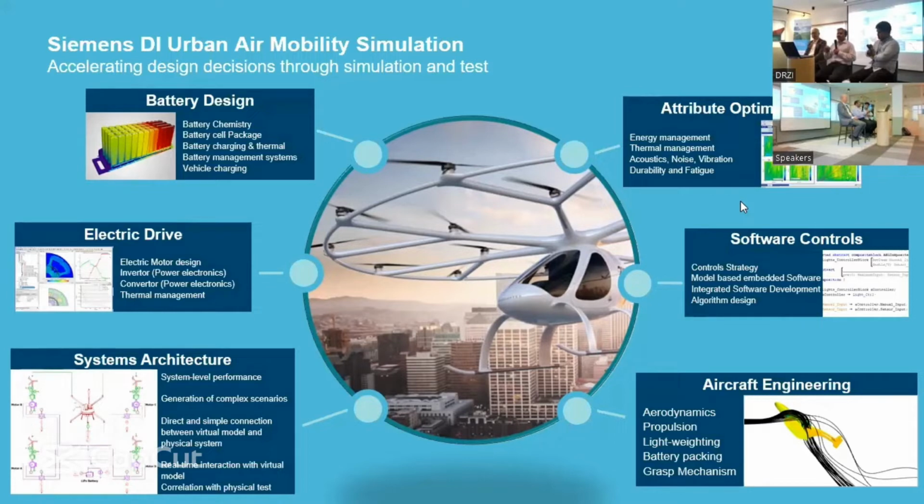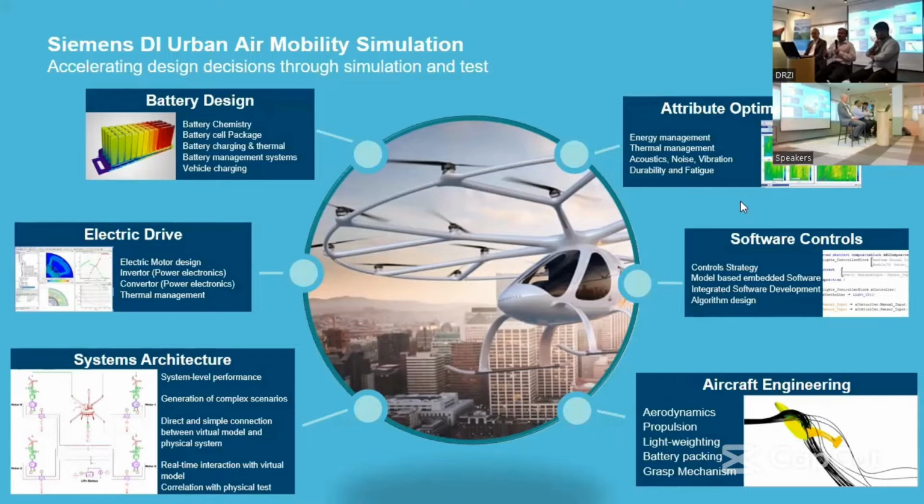So we want to make sure they are properly designed. We don't want the motor to be so powerful that it doesn't give you sufficient flight time. We don't want the battery to be so heavy that it doesn't lift, right? So there are things that we need to balance properly to meet the requirements.